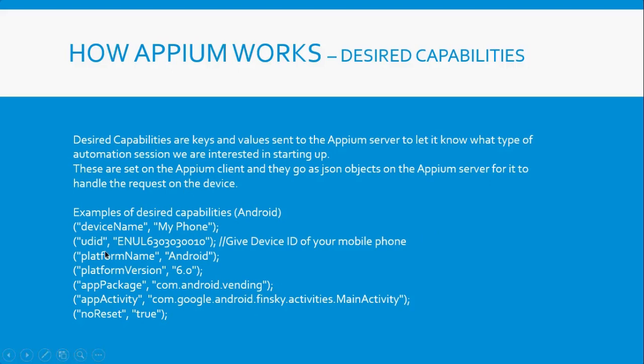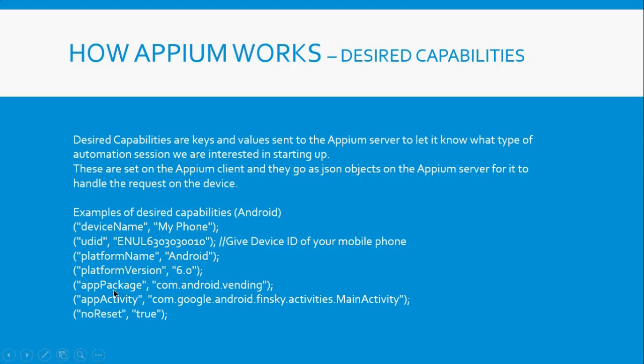For instance, you have to specify things like, what is the name of my phone? My phone name is my phone. What is the ID of your phone? What is the platform name? I'm using an Android phone. What is the version? I'm using version 6. So that is for the device that you are trying to carry out automation on, and then it goes into the specifics.